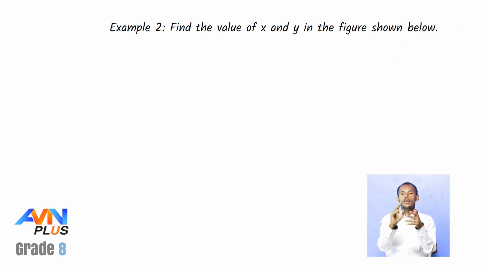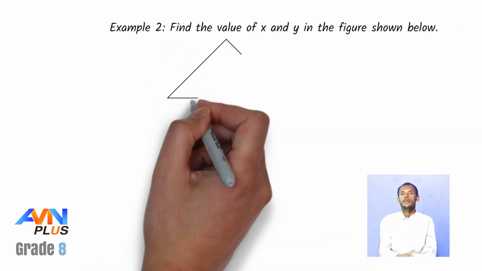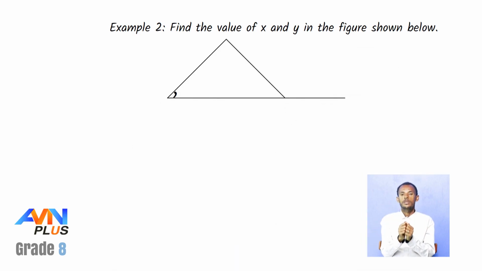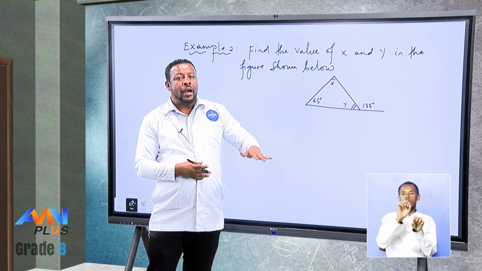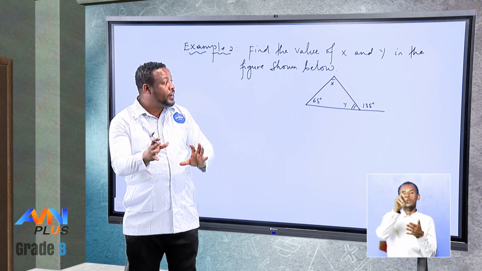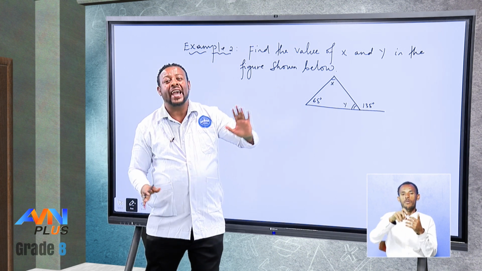The figure looks like there is a triangle with a degree here, 65. This is x. This is y, and this one is 135. So from this figure, you are asked to find the value of x and y.